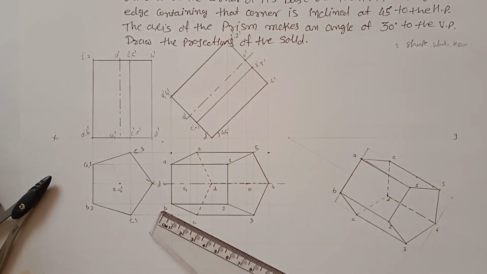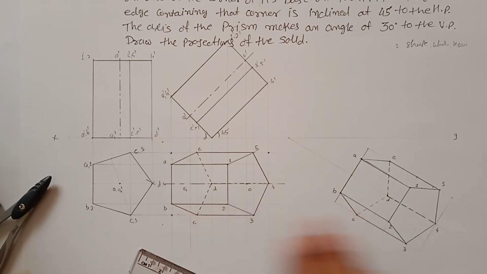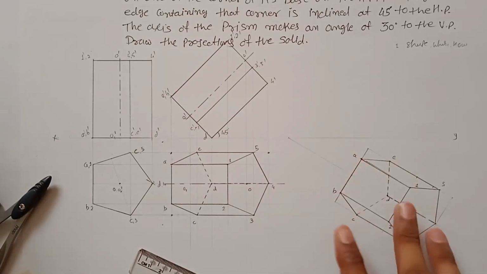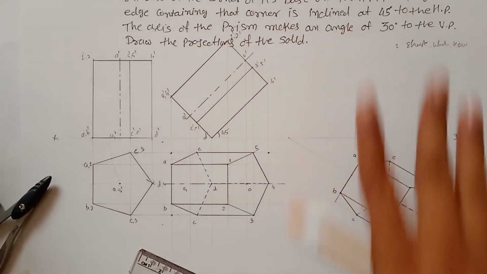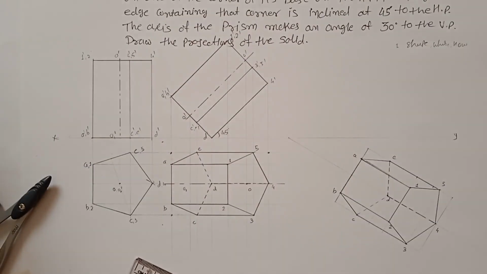So you can see we have drawn our top view of the second position over here with the exact dimensions by using this method. Now you have to project all the lines over here, and you have to find out the final position, meaning the front view of the final position.